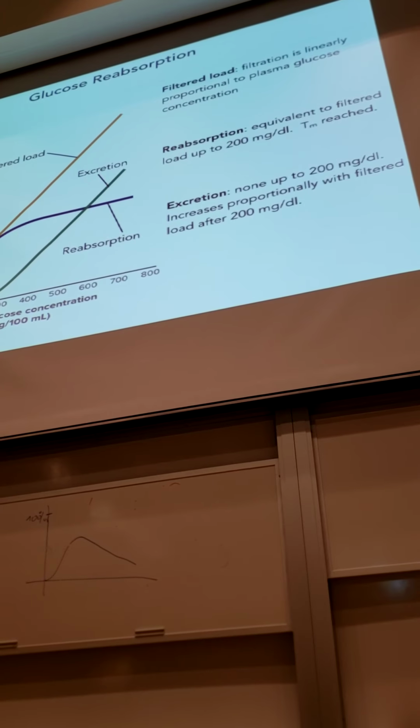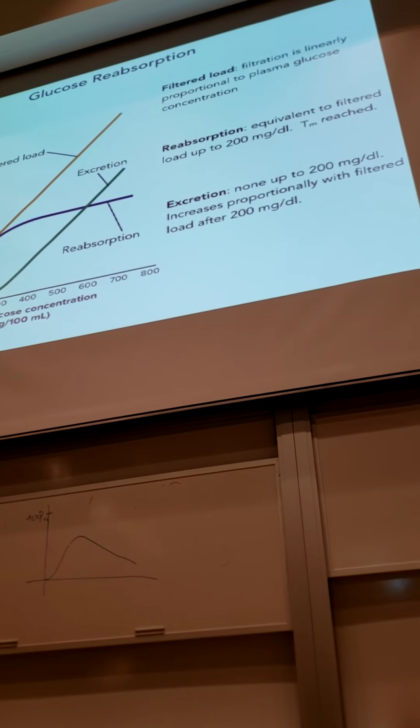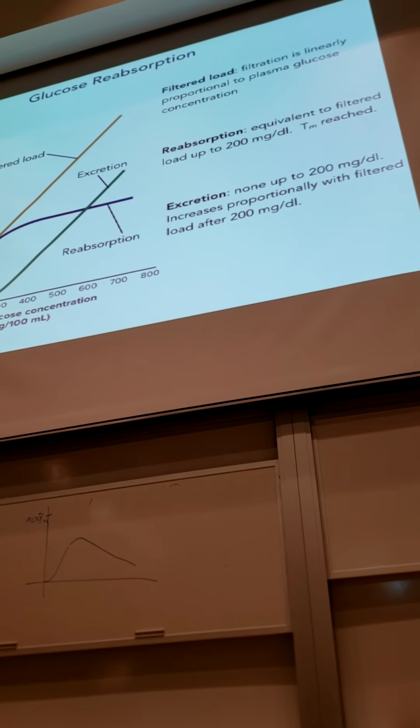But it's something that we can use clinically to observe diabetes. In diabetes, we have blood tests, but urine tests are also quite easy to do. If somebody's got glucose in their urine, it's a quick and easy way to know that they've got a glucose problem. But you can have the same for amino acids or whatever, in theory.